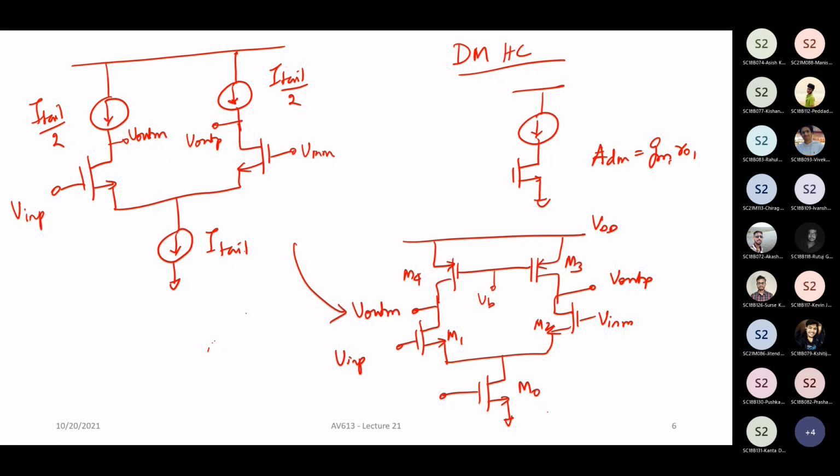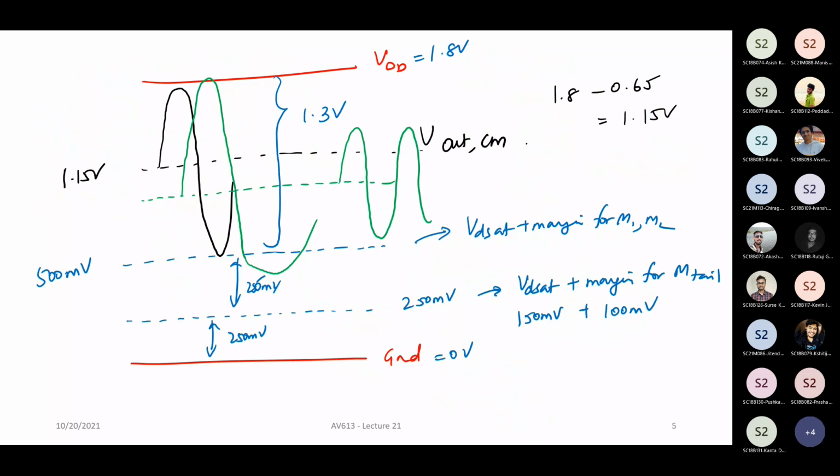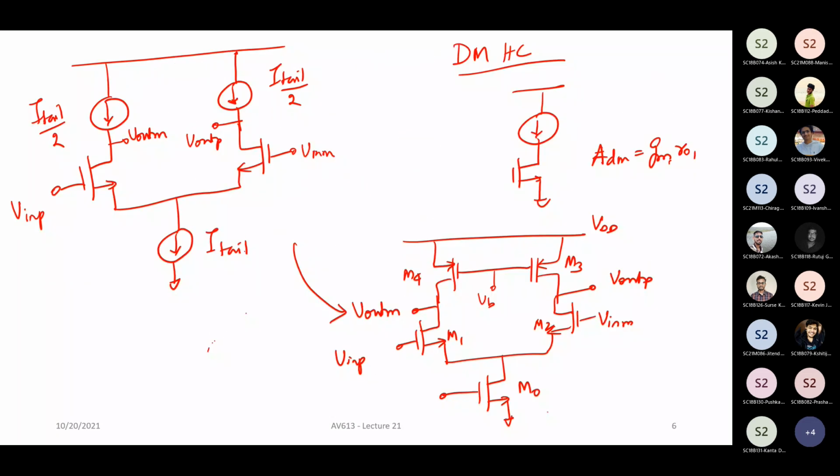Now this circuit, what is the advantage here? You've replaced the resistor using a current source, and that current source is implemented using a PMOS transistor. And the advantage of this PMOS transistor is, what is the voltage that it needs across it? It's VDSAT.